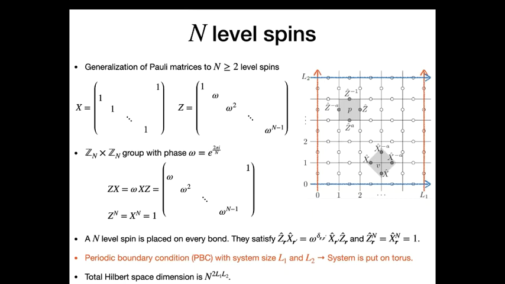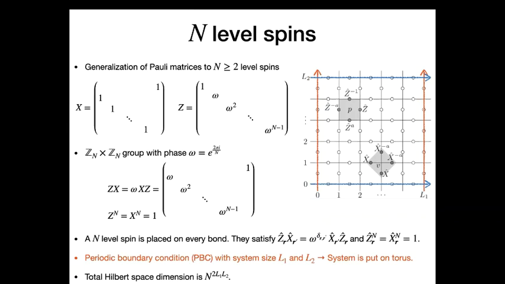So the Z operator is generalized to have eigenvalues given by powers of omega, and omega is defined this way. And the X operator changes the level of Z by 1 unit, right? So it's like this kind of operator. Both X and Z are not Hermitian anymore, so you have to distinguish X and X dagger carefully, okay?